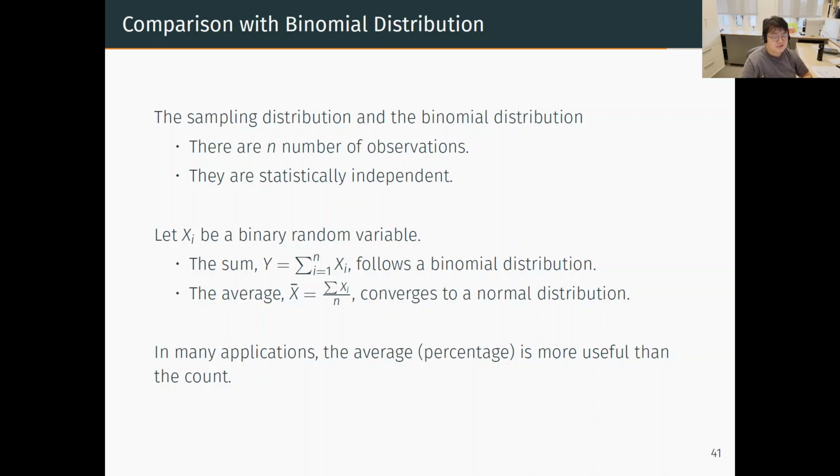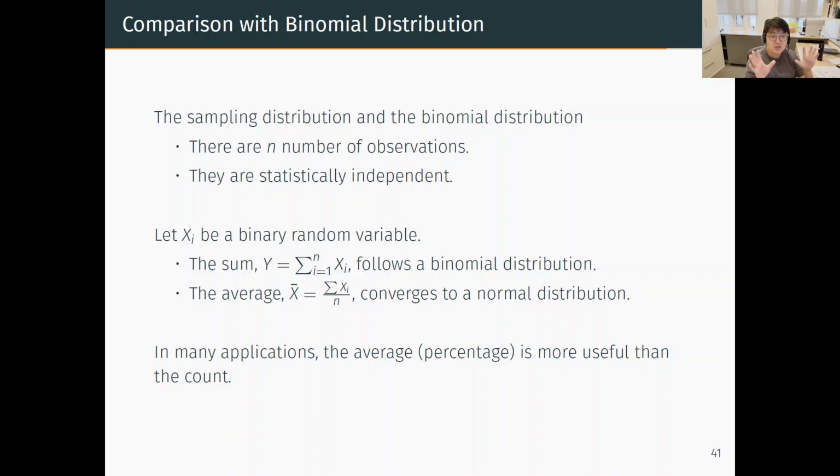Okay, an additional topic is the comparison with the binomial distribution. Actually, they are pretty similar in the sense that you think about multiple observations at the same time, right? The sampling distribution is about the average of multiple outcomes, and the binomial distribution is about the count of multiple binary experiments.